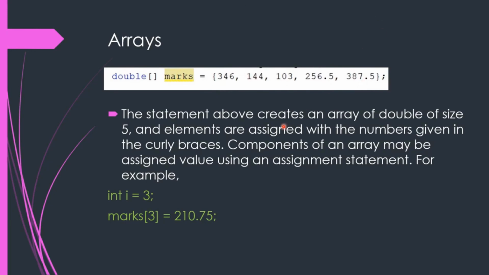We have given 5 numbers, so of course the size is 5. And the data type is double. Components of an array may be assigned value using an assignment statement. Means it is not necessary that every time you are assigning the values to the elements in this form, you can also assign values using an assignment statement.